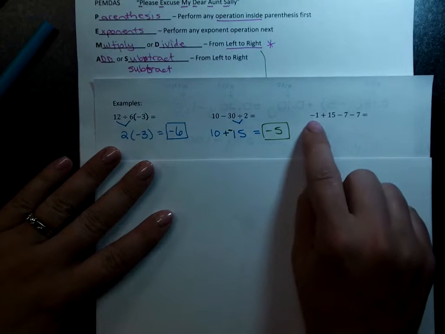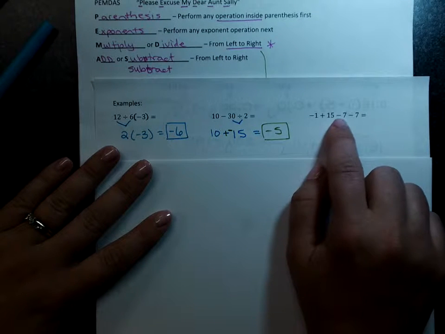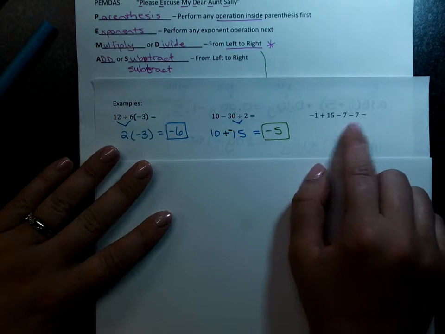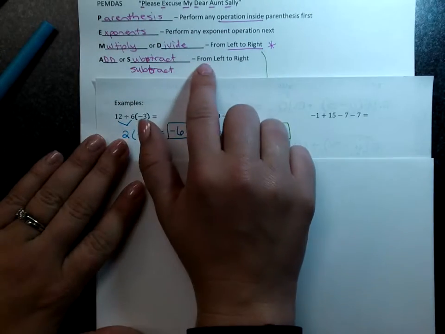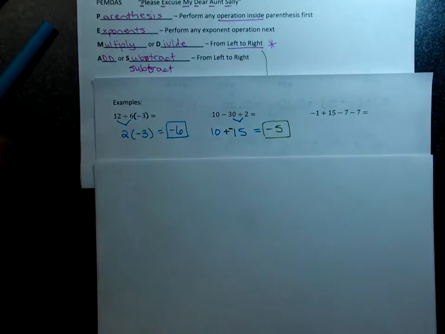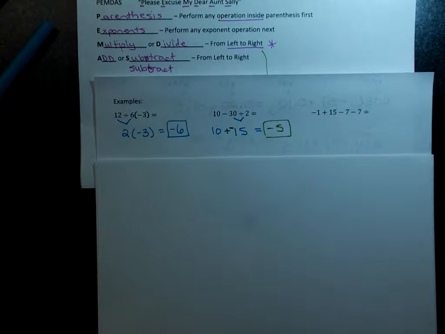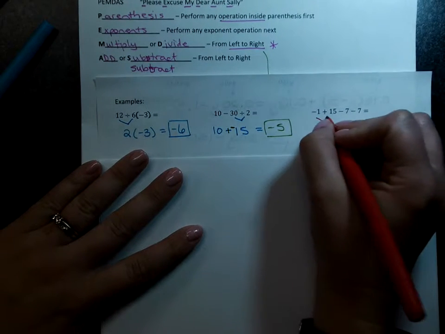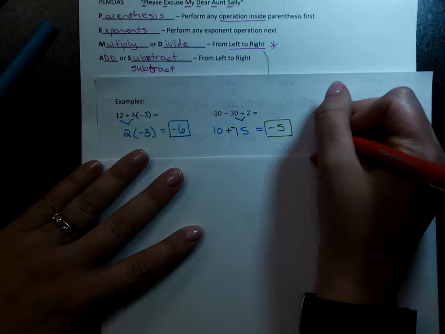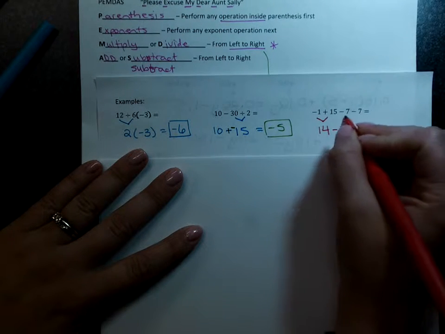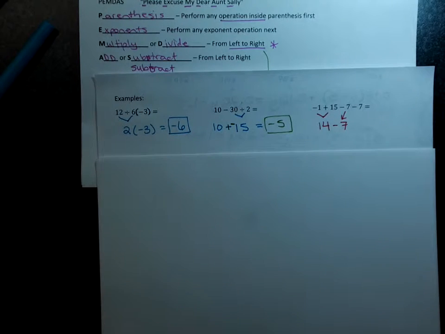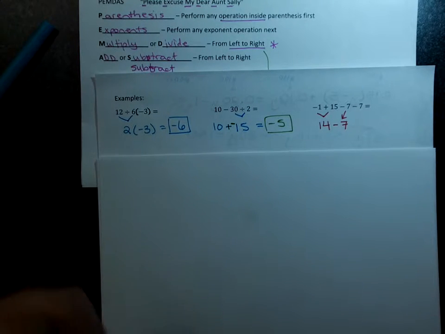Alright, the next problem we have -1 plus 15 minus 7 minus 7. Just adding and subtracting. So we're going to add or subtract from left to right. So -1 plus 15 is 14. 14 minus 7, we'll do keep, change, change, or you can just subtract.